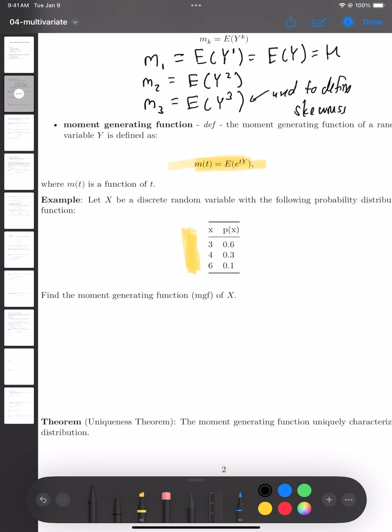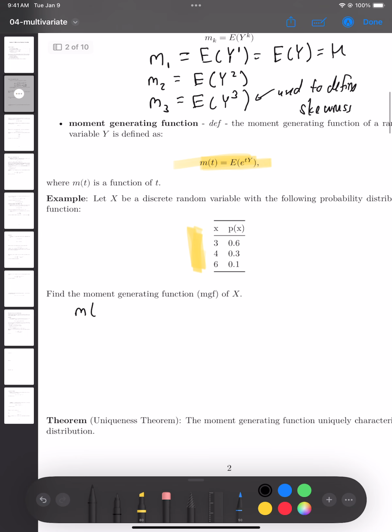To find the moment generating function of x, I am just going to apply this definition directly. It's a function of t, and we're finding the expectation of e raised to the tx power.